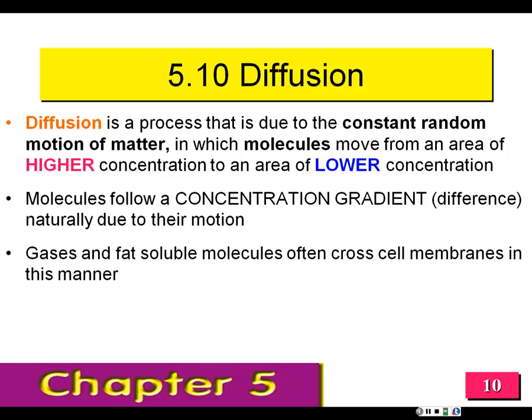Now, we want to talk about gases and fat-soluble molecules. Why? Because gases can fit through here. So in other words, if you're outside and you're playing in the pesticides, what could happen? Absolutely. They're going straight through the cell membrane and they can affect your DNA.